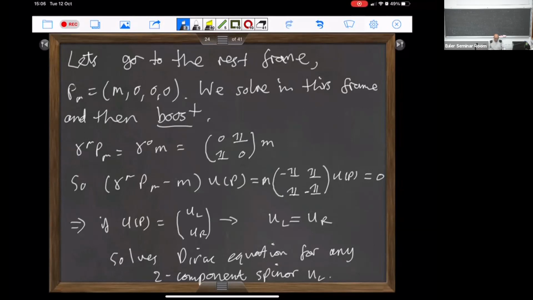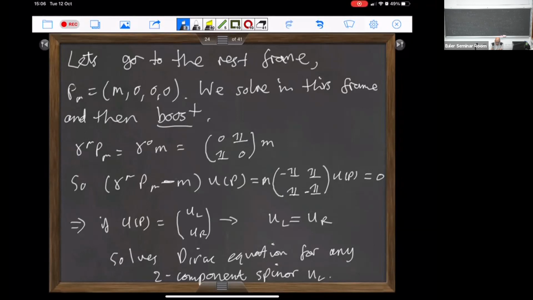So in this frame, gamma^μ p_μ is just gamma^0 times m, and gamma^0 times m in the 2 by 2 notation is just (0, 1; 1, 0) times m. But the equation contains the minus m term, so we get minus 1s on the diagonal as well, but everything's proportional to m.